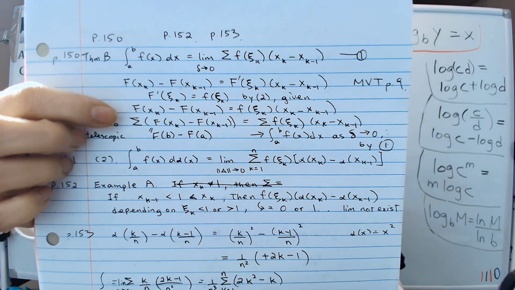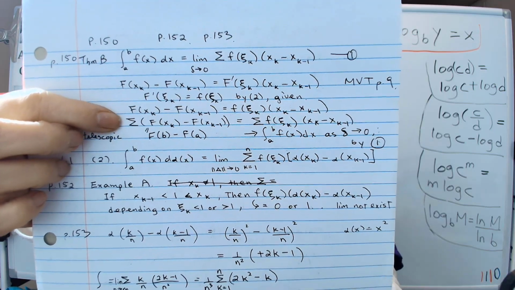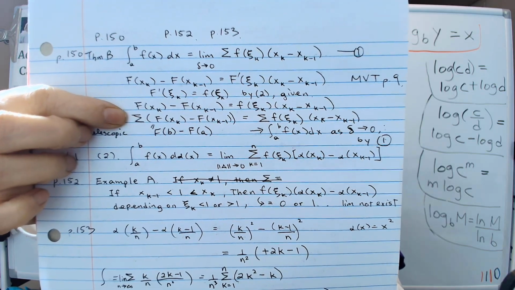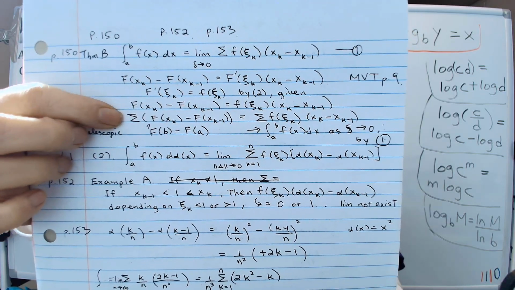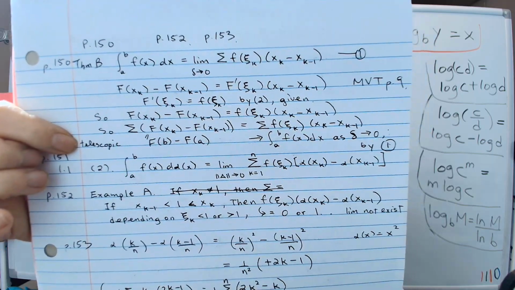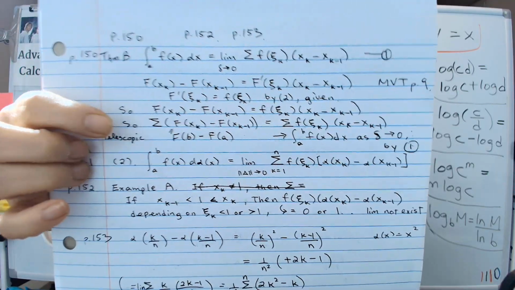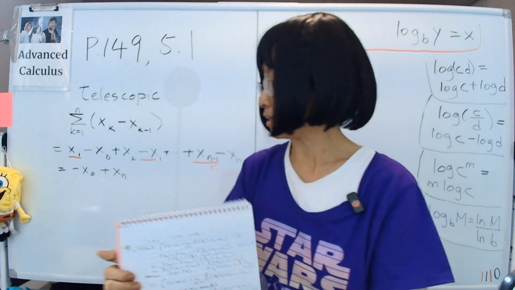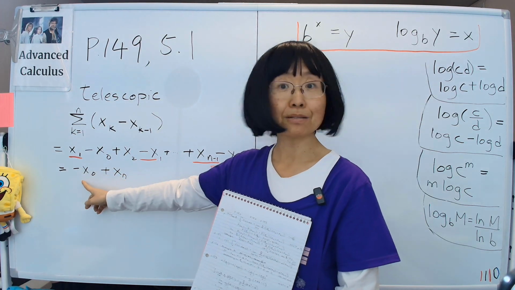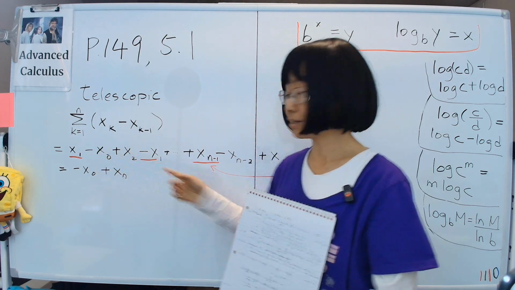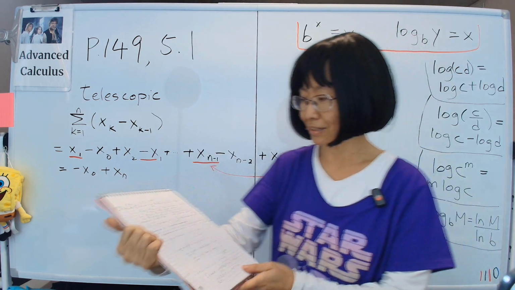When we do the summation of both sides, on the big F side, by the telescoping principle that I just mentioned, we end up with F(b) minus F(a), the end minus the beginning. If you write it out, you will see it. It's all the same deal.